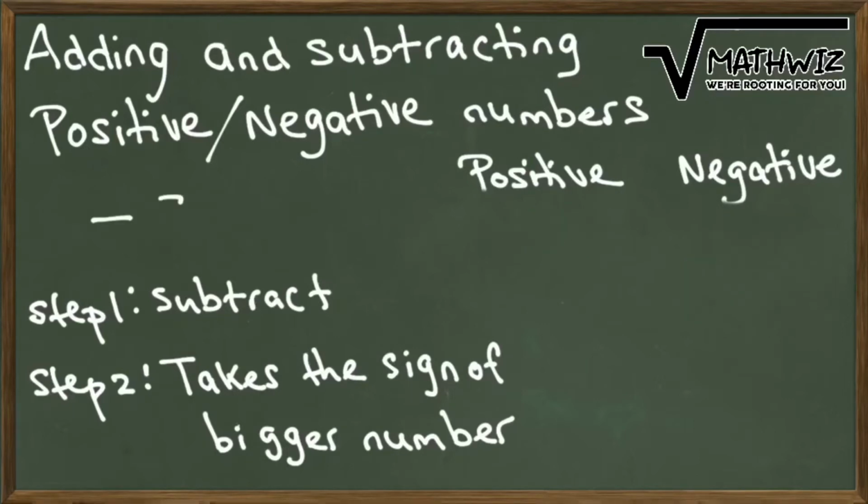So let us say you have minus 8 plus 4. So similarly, we have a mixture of negative and positive. So you want to go ahead and subtract. So we have 4. Then you want to look at the numbers, and it is going to take the sign of the bigger one. The 8 is bigger, and so the overall sign will be negative.